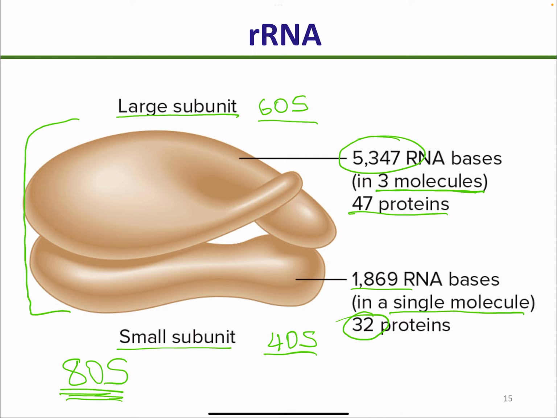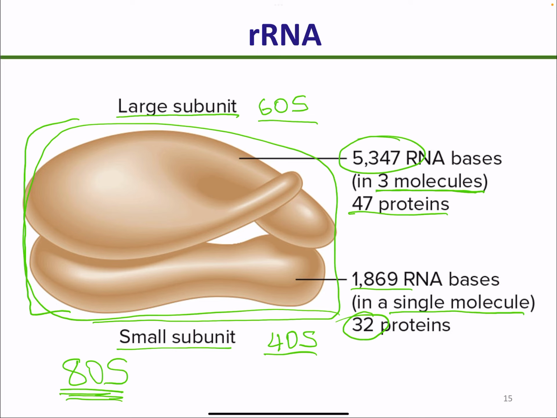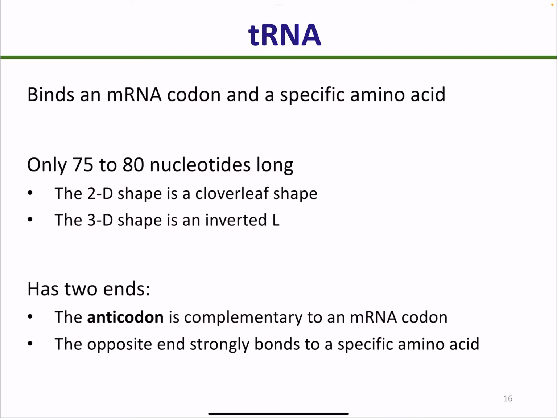So this is the ribosome, and this is the organelle that is responsible for protein synthesis. And finally, the tRNA. The tRNA is going to be represented in two forms: a 2D shape that has the shape of a clover leaf, and a 3D shape that is kind of like an L shape.